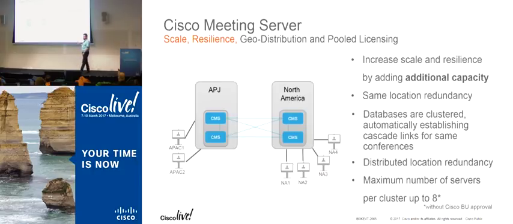To have distributed location redundancy, all we need to do is put some additional servers in another location and then cluster and cascade them together. Now we have the ability to go up to 8 servers within a cluster without BU approval.